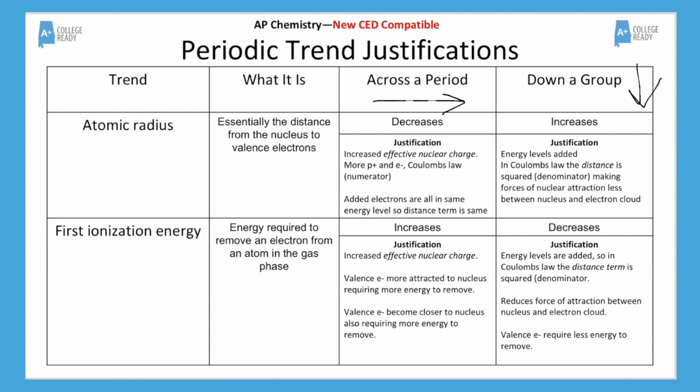Therefore, since the size is smaller, it takes more energy to remove an electron. And as we go down a group, remember the size is getting bigger because the valence electrons are in higher energy levels. The greater the distance a valence electron is from the nucleus, the less energy it's going to take, because the attraction is not very strong.